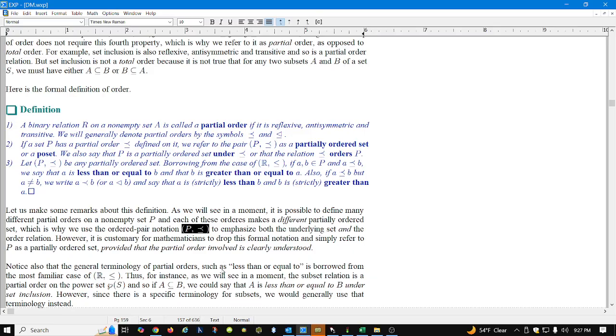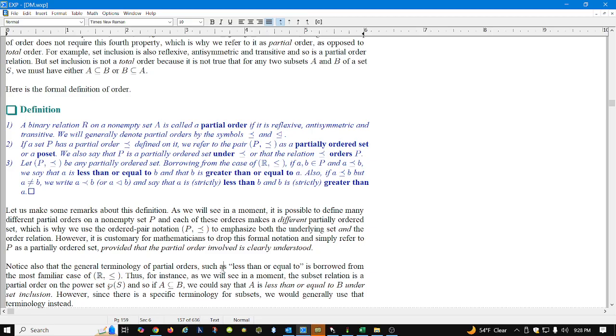Well, just as I say this, I have to also say it's customary for mathematicians to drop this formal notation. I try not to, but I do it sometimes, and simply refer to P as a partially ordered set. That's okay, provided it is crystal clear what the partial order is at the moment of the discussion.